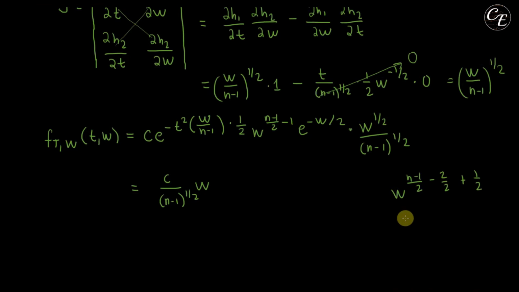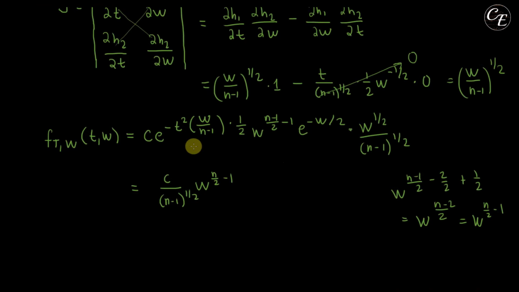With a common denominator 2, n minus 1 minus 2 is n minus 3, plus 1 is n minus 2. Distributing the over 2 for each term, we have w raised to n over 2 minus 1.